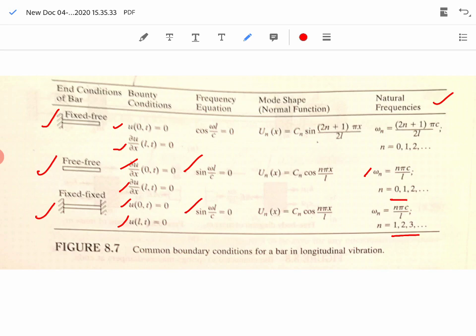It is because in the case of free vibration the first natural frequency will be 0, and it corresponds to the mode in which the body is moving completely either to the left hand side or to the right hand side as a rigid body. That's why this particular mode is termed as rigid body mode, while such a rigid body mode is absent in case of a fixed bar.